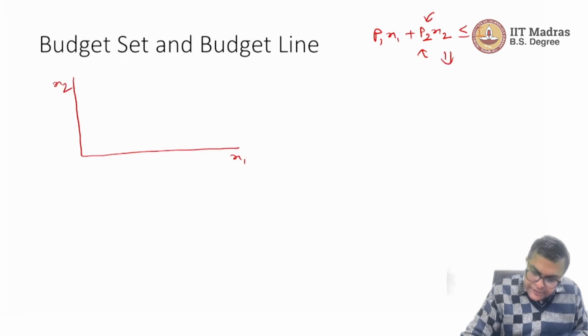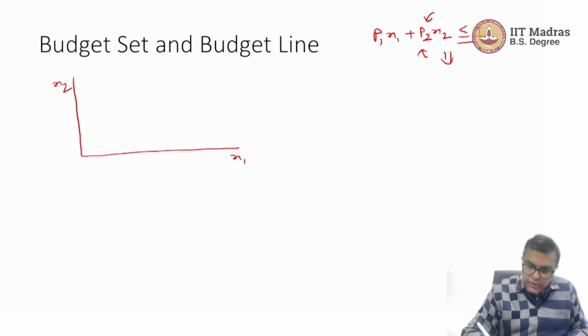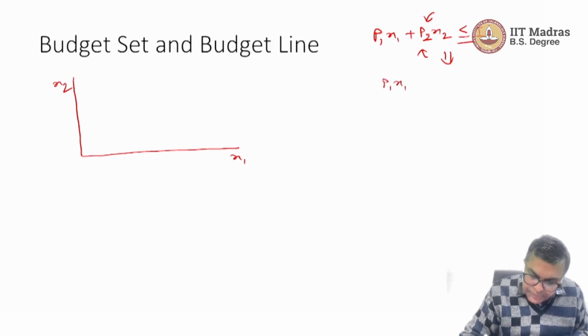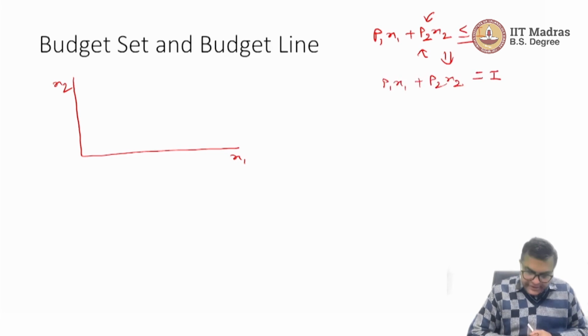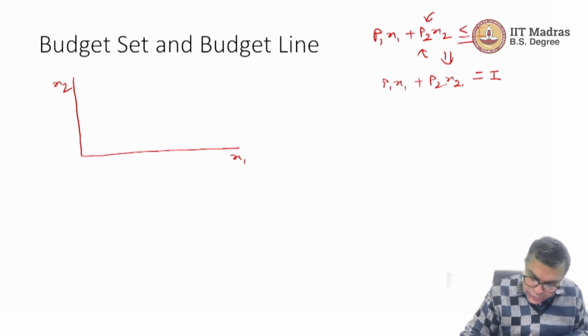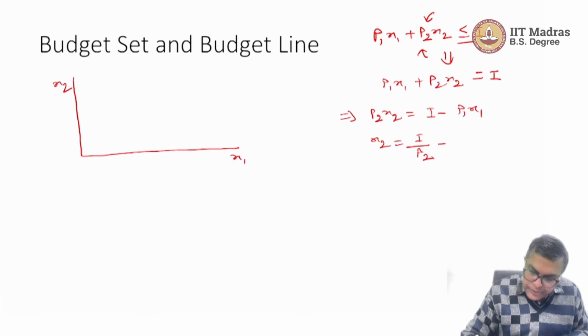So instead of focusing on less than or equal to, first focus on P1 x1 plus P2 x2 is equal to I. We are plotting it in two dimensions, one dimension given by x1, the other given by x2. So we can rewrite it as P2 x2 is equal to I minus P1 x1, or x2 is equal to I by P2 minus P1 by P2 x1.